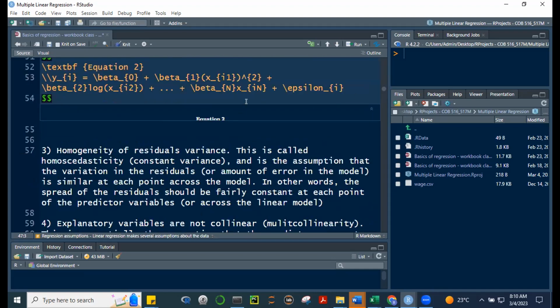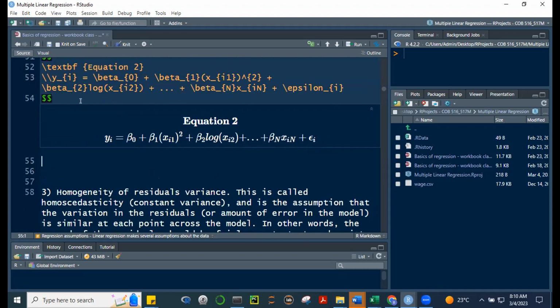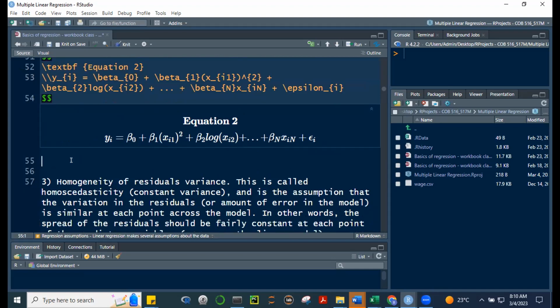Second, this is okay where your predictors are x1 squared, log of x1, etc. That's the beauty of OLS, ordinary least squares, or multiple linear regression.